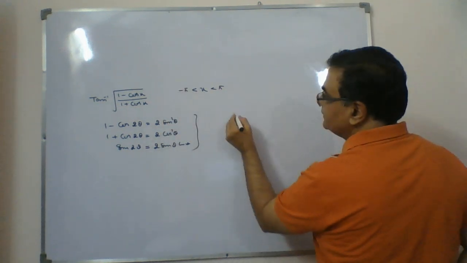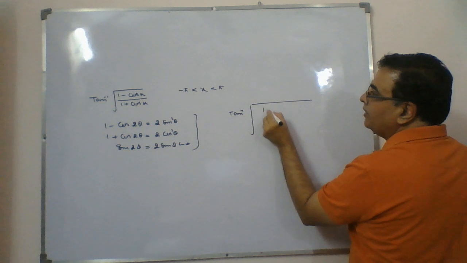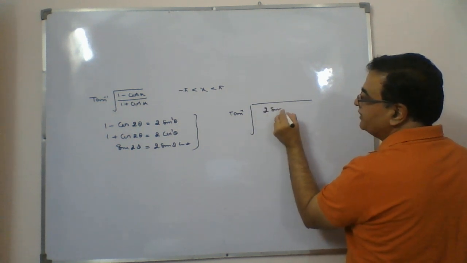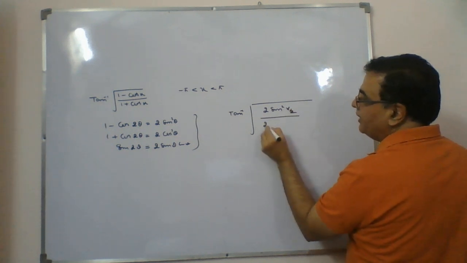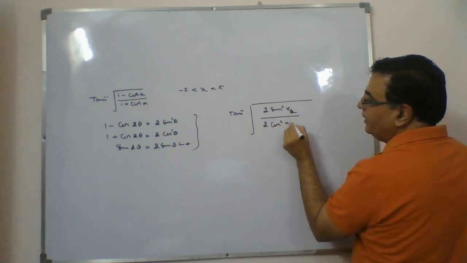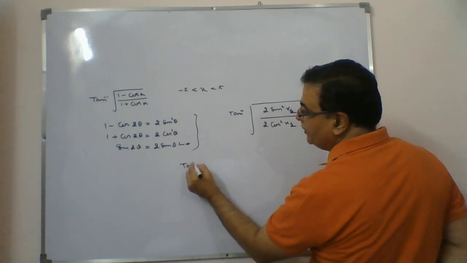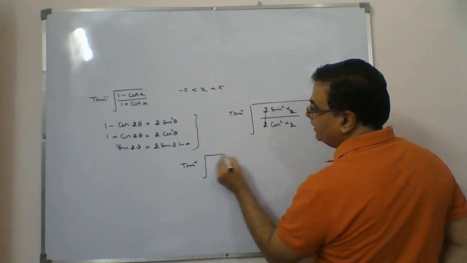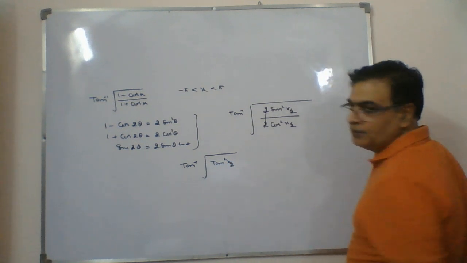So I'll start with this. Tan inverse under root of 1 minus cos x by 1 plus cos x, which comes out to be 2 sine square x by 2 divided by 2 cos square x by 2. Now the 2 gets cancelled out, and under root of this will come as tan square x by 2.